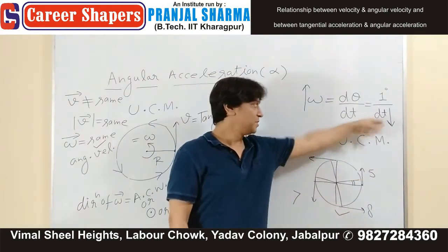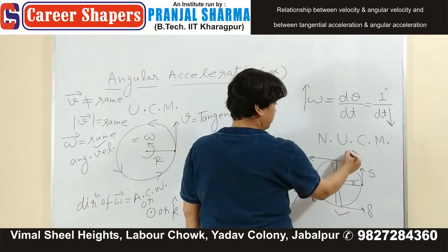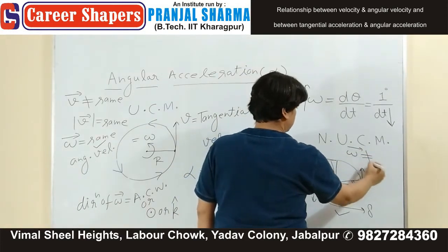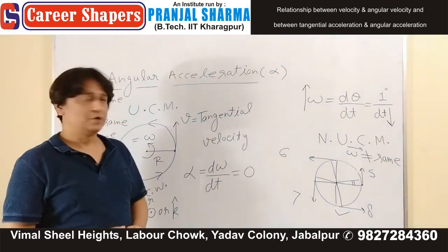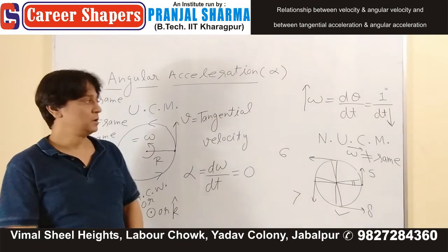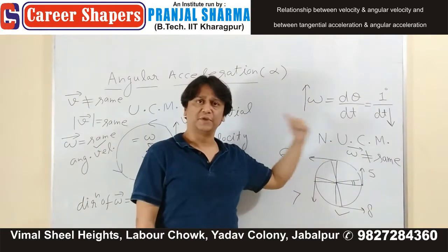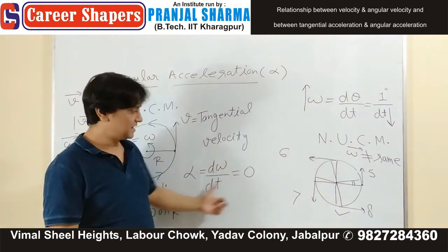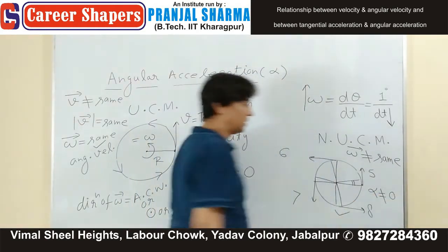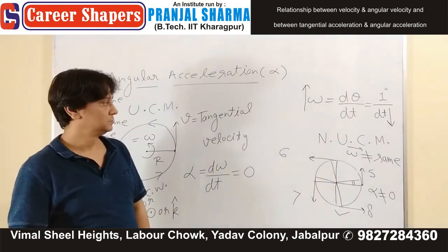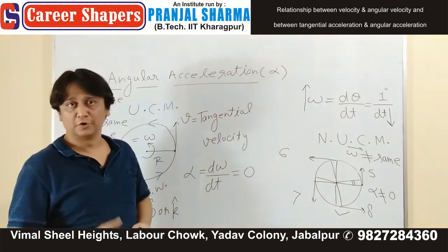Did you think right? Time is less, that means omega is what? More. Omega is more, that means in NUCM omega is not same. So in a non-uniform circular motion like this, omega is not same. And if something is not same, then definitely its differentiation cannot be 0. Wrote down like this. This is for non-uniform circular motion.